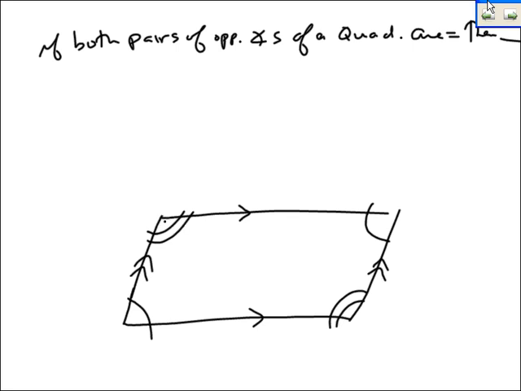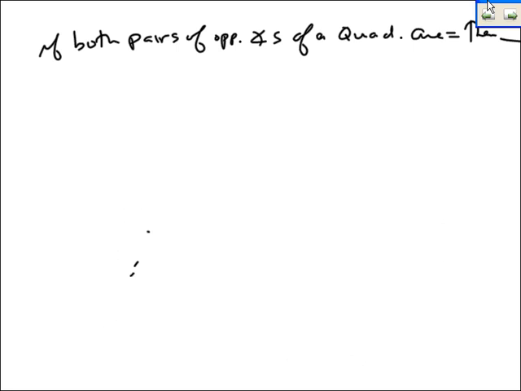Okay, and if both pairs of opposite sides are parallel, then you are a parallelogram. So that's one way. So now I'm listing the ways of proving a quadrilateral is a parallelogram.